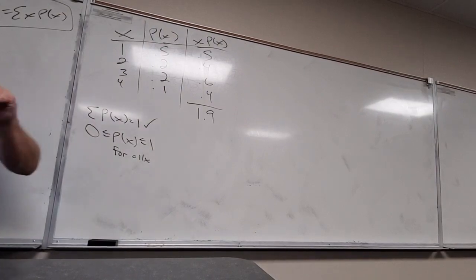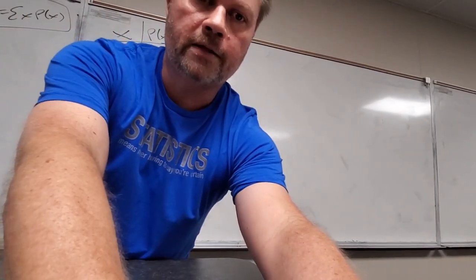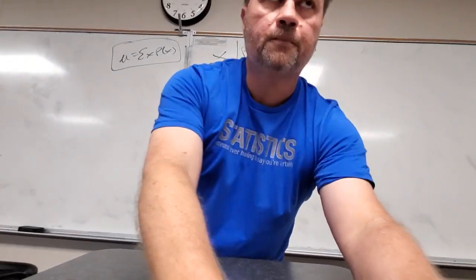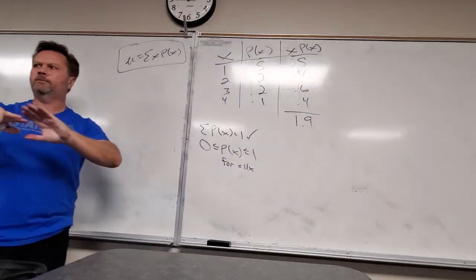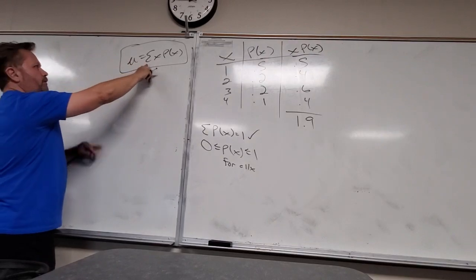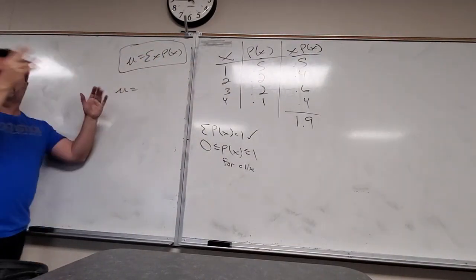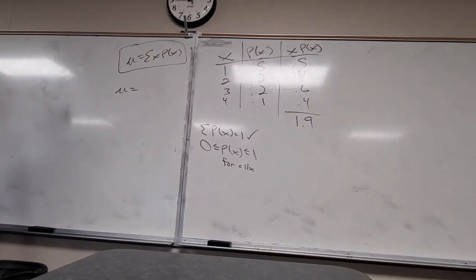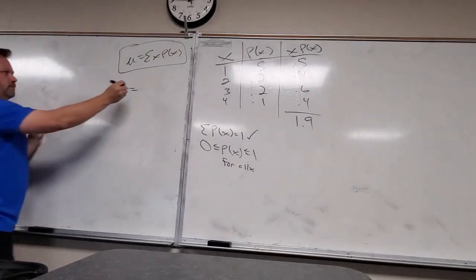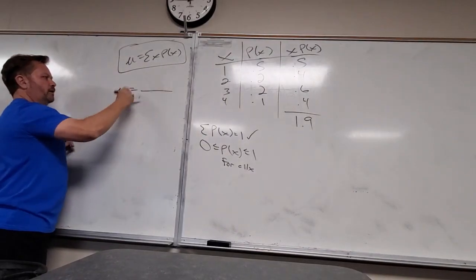Now, a little side note that will explain what we're about to do to get the standard deviation. What was the formula for the mean from the beginning? So here's the current one for if they give it to me like this. What's the formula for the mean from the beginning? What do you get to get the average?